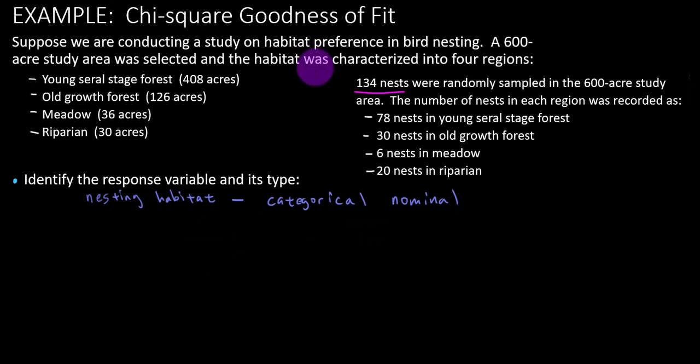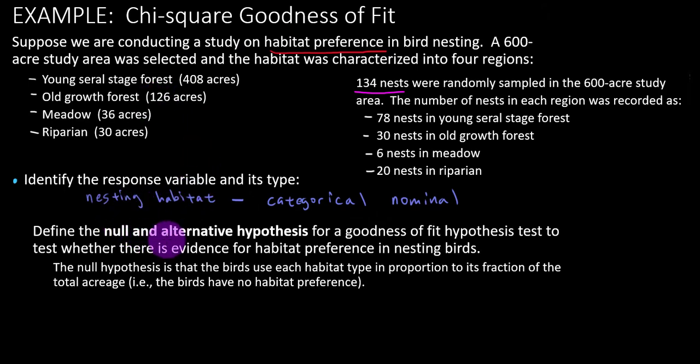For the researchers to determine if there is some sort of habitat preference in nesting birds, they need to compare the observed distribution of habitat usage and compare that to the distribution of the habitat.